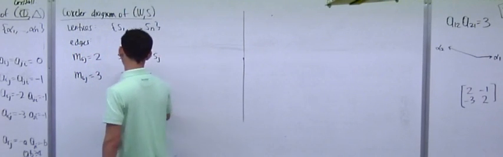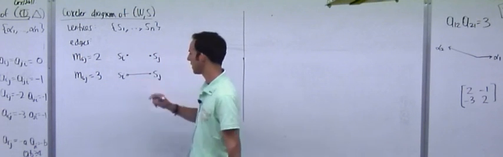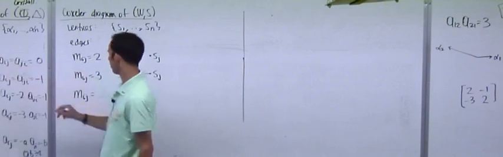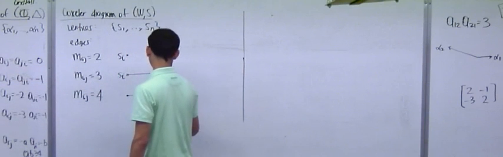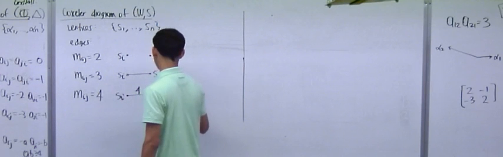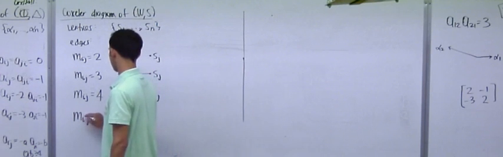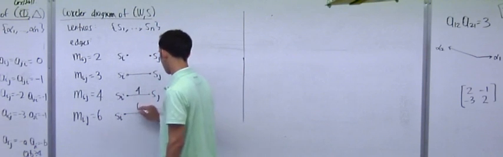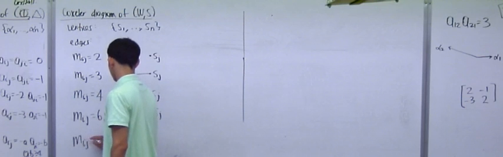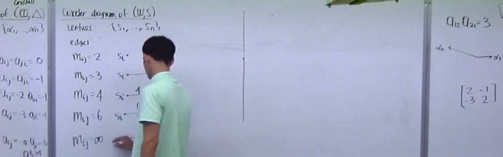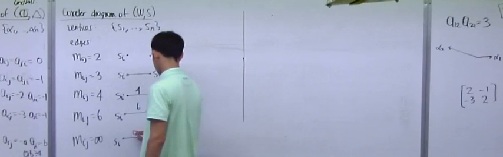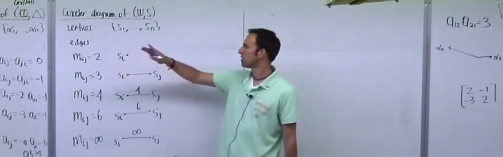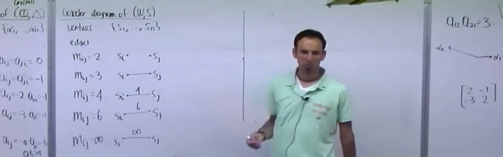And so that we represented with a single edge. In this case, mij is 4, which we represented like this. In this case, mij is 6, which we represent like this. And in this case, it's infinite. And so that means that if you know the Dynkin diagram of the root system, you know the Coxeter diagram of the group.